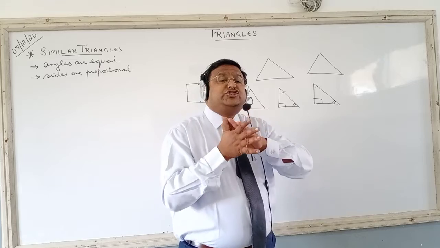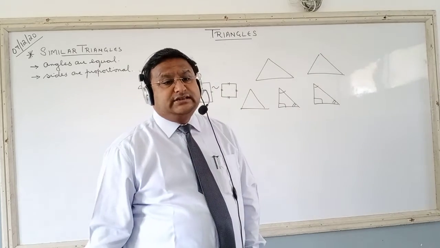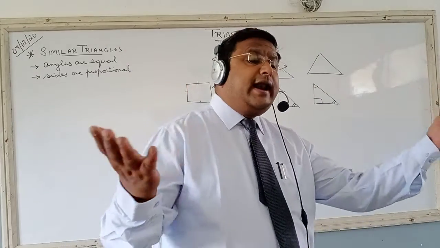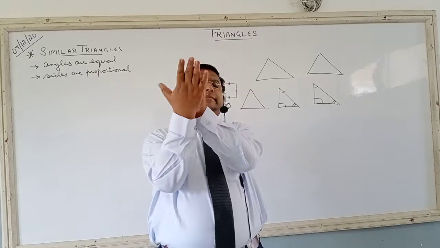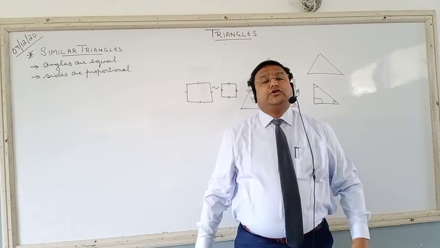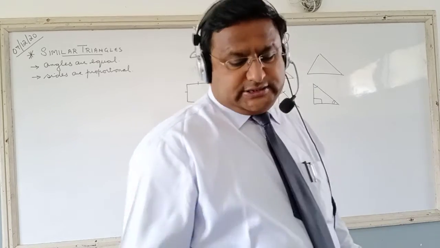Their shape is the same, but size is different. Isn't it? So that is called similarity. But if you compare your right hand and left hand, they are mirror images, exactly equal in shape and size. So we say that they are congruent figures.